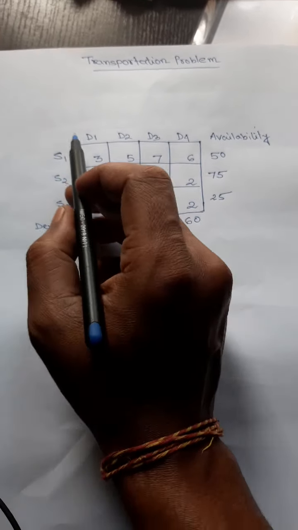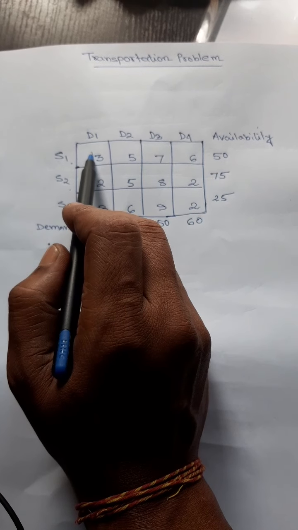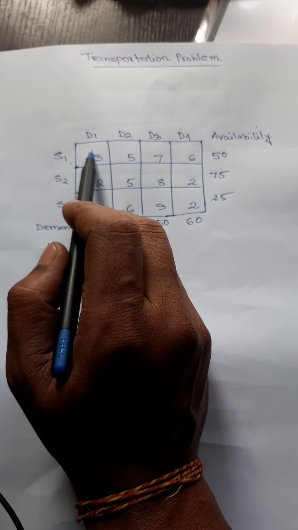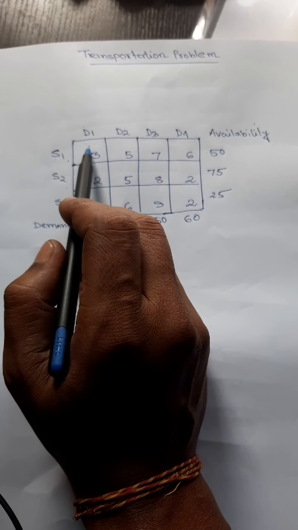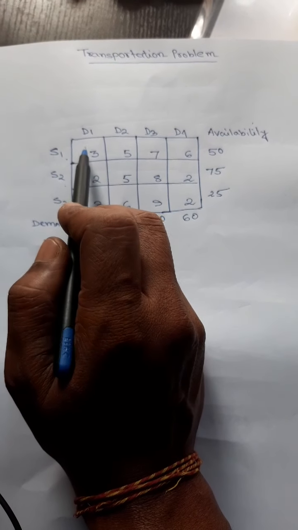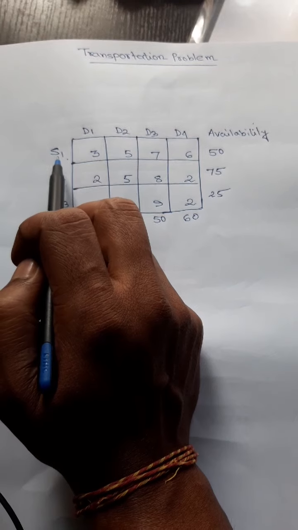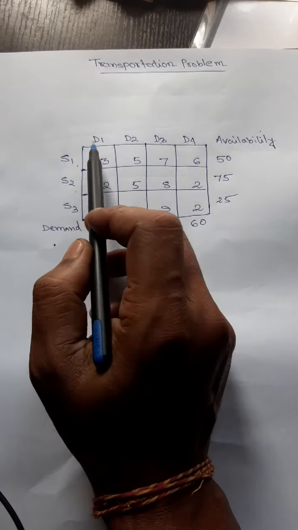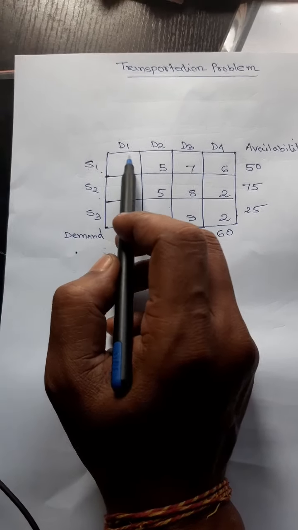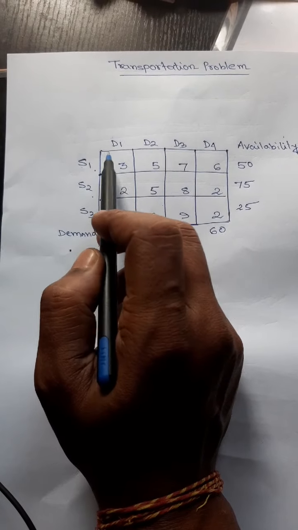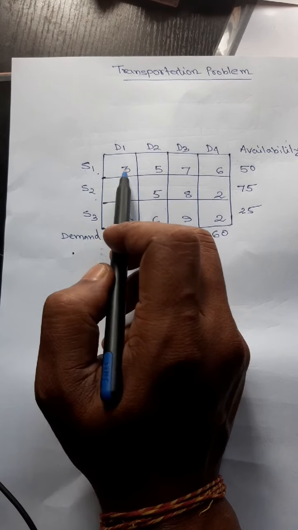This is the northwest corner cell, which is the S1D1 cell.